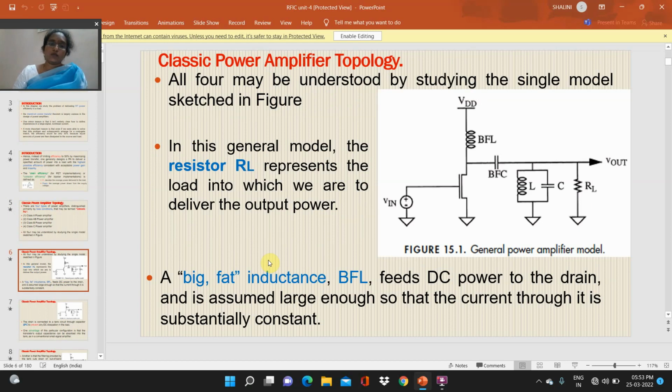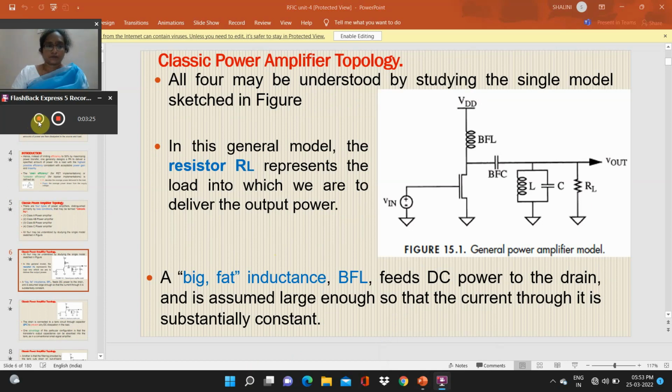In this general model, the resistor RL represents the load into which we want to deliver the output power. A big fat inductance BFL feeds DC power to the drain and is assumed large enough so that the current through it is substantially constant.